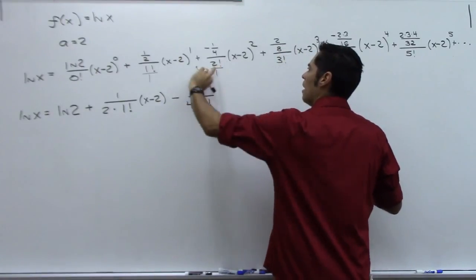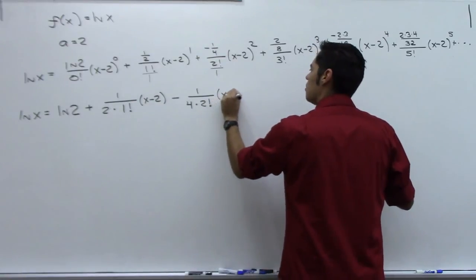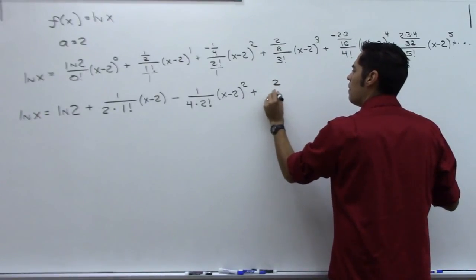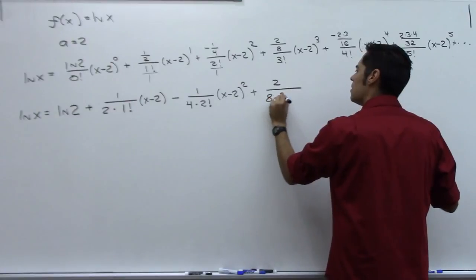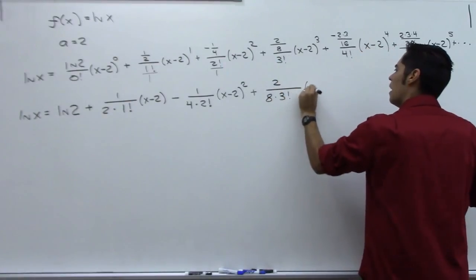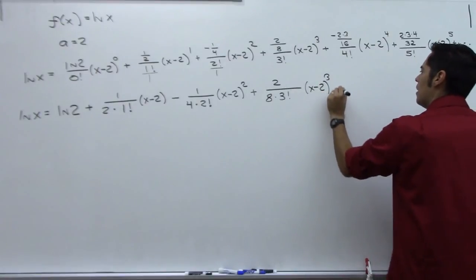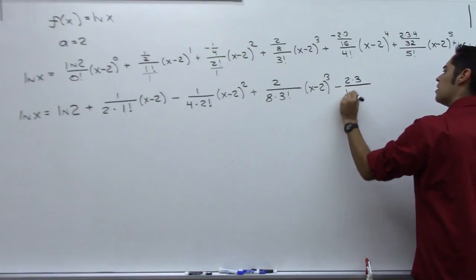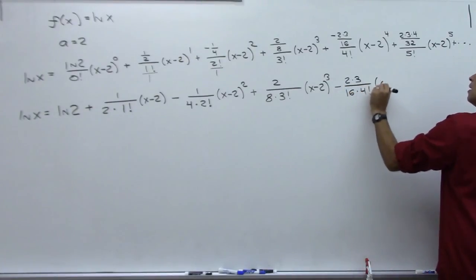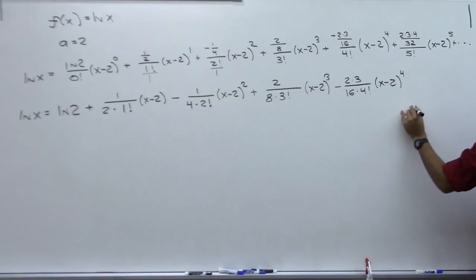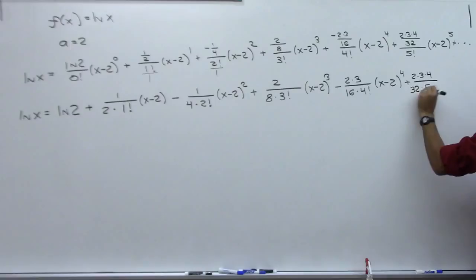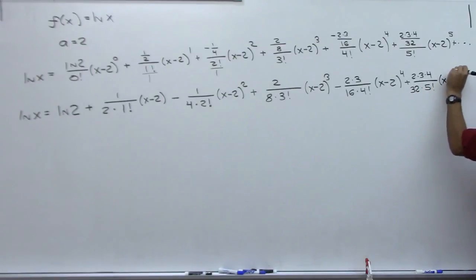So again, writing that like that and flipping it, x minus 2 squared, and then plus 2 over 8 times 3 factorial, so flipping again, x minus 2 cubed, and then minus, because this one's negative, 2 times 3 over 16 times 4 factorial, x minus 2 to the fourth, and finally, plus 2 times 3 times 4 over 32 times 5 factorial, x minus 2 to the fifth, plus dot, dot, dot.